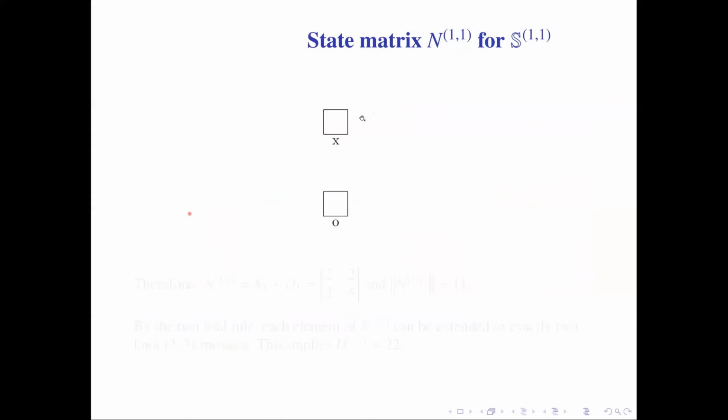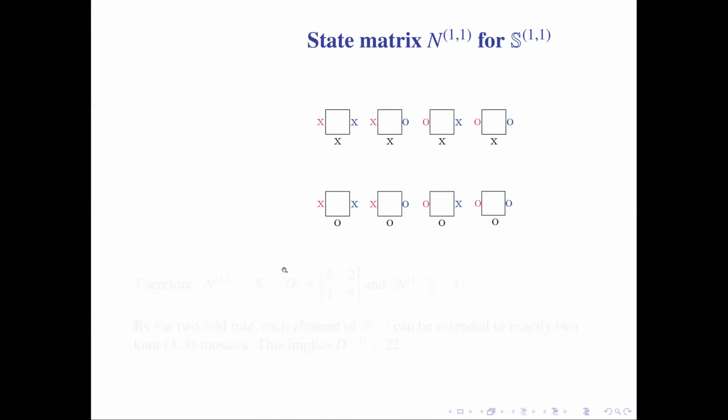Then starting with N_11, let's construct the state matrix. First, we consider the bottom state X and O. Then a 1 by 1 mosaic can have 2 L states and 2 R states like this. First we consider the bottom state, and then we consider the left state and right state.